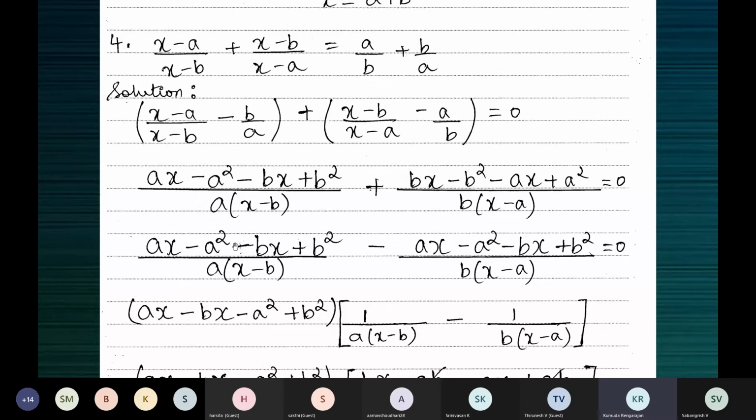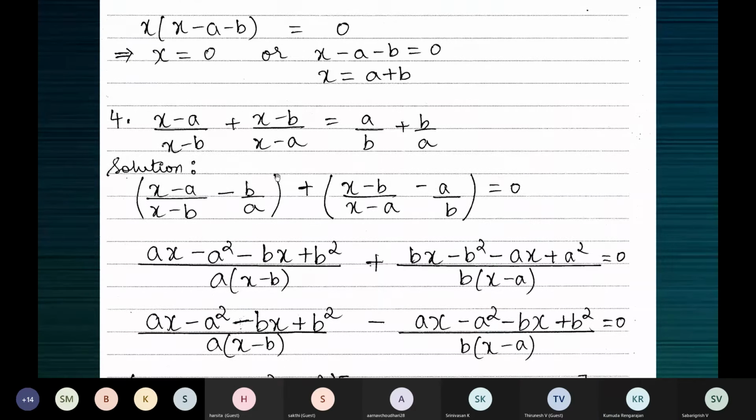First step, common denominator. Second step, common denominator: A into X minus B, B into X minus A. Understand this?